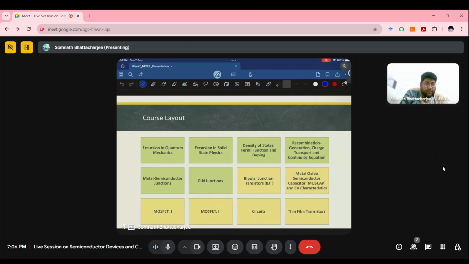As we have already completed half of this course, let's start with a brief introduction of what we have already learned and what we'll learn afterwards. At first we started with the excursion of quantum mechanics, where we learned about the Schrodinger equation and how to solve it in various cases.